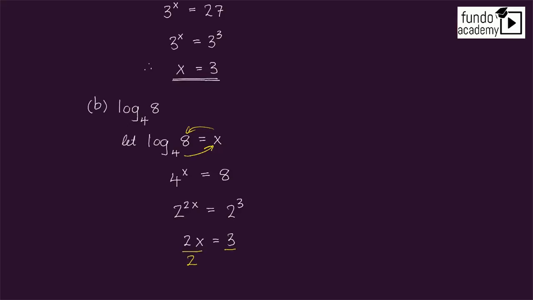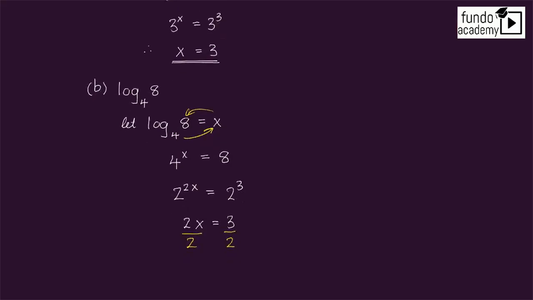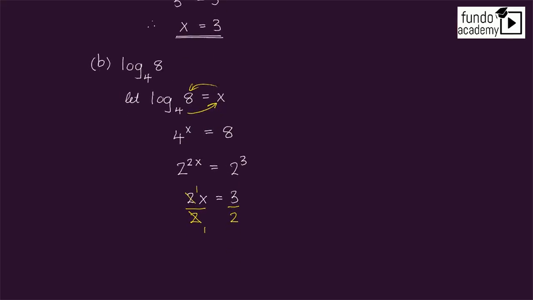If we divide both sides by 2 in order to get the value of x, then we get x being equal to 1.5. That's dividing 2 into 3. So that's our solution on B. The logarithm to the base of 4 of 8 is 1.5. Right, so that's how we handle that one.